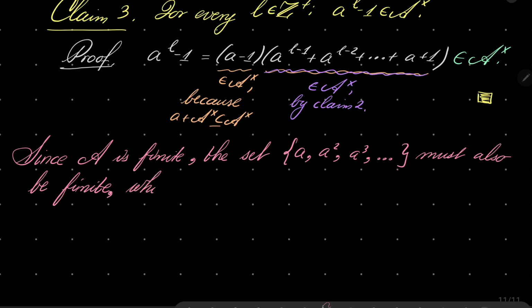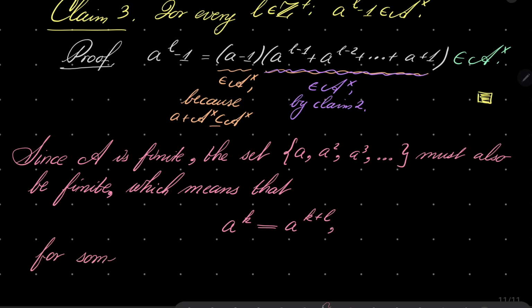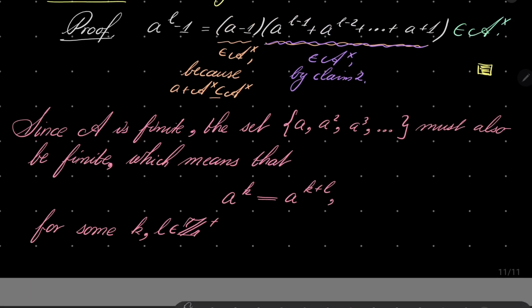Which means that a to the power of k equals a to the power of k plus l for some positive integers k and l. Yes, in principle it's the pigeonhole principle. Right.